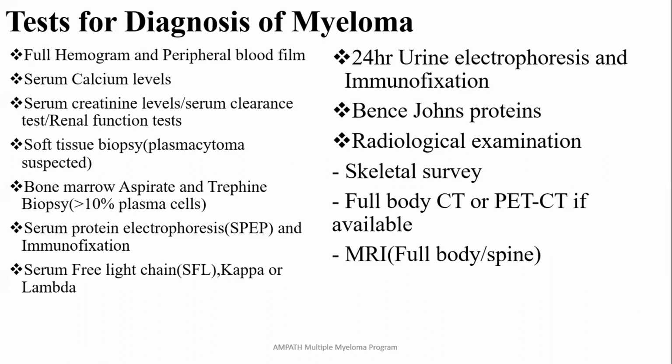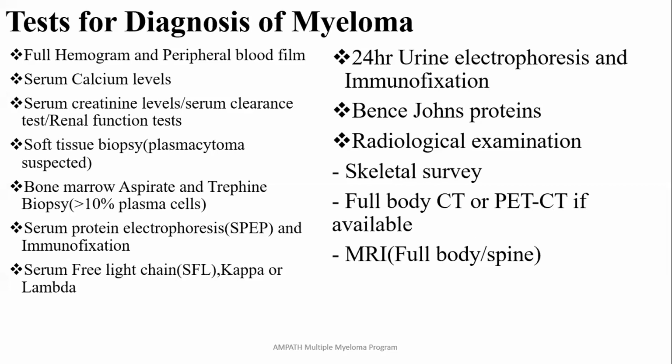So you can do a serum free light chain assay, and it will tell you the light chains, kappa and lambda. And if you have a skewed ratio, because usually multiple myeloma would be restricted to one light chain. For example, when you talk about immunoglobulins, it can be an IgG kappa type or an IgG lambda type, and therefore, when you do a serum free light chain assay, you will get a skewed ratio.